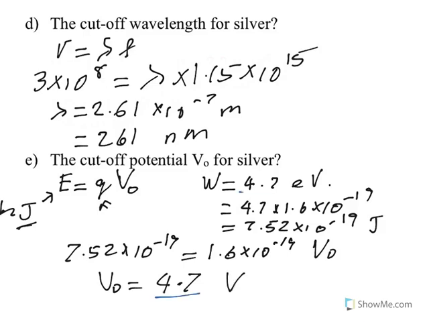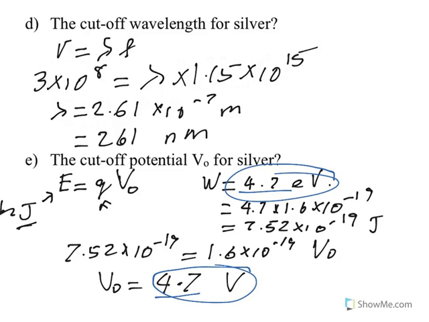Which when you look at that, it's the same as the work function, but it's not a coincidence, alright? Because electron volts is the energy given to one electron when it's accelerated through a voltage. So 1.6 by 10 to the minus 19 is one electron. So one electron gets 4.7 electron volts. You need a voltage of 4.7. So no coincidence that they're the same.